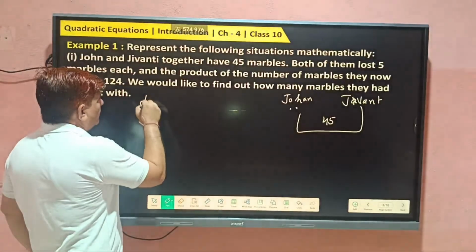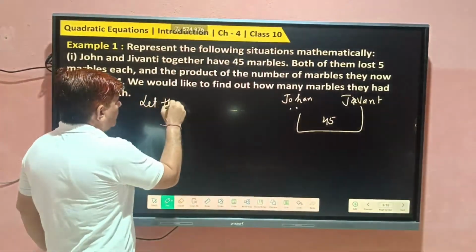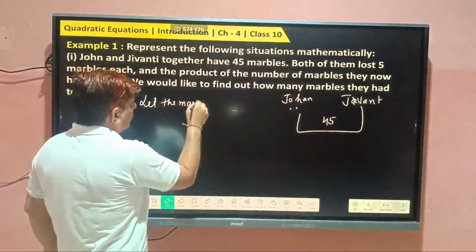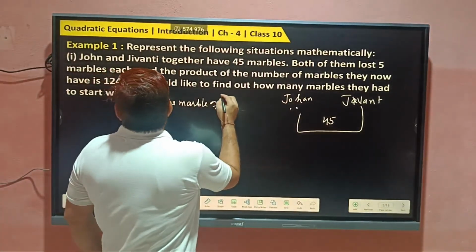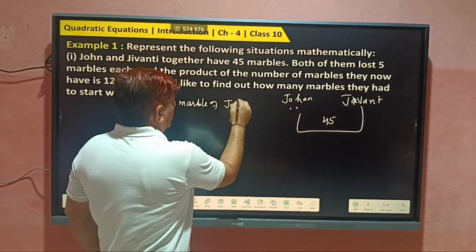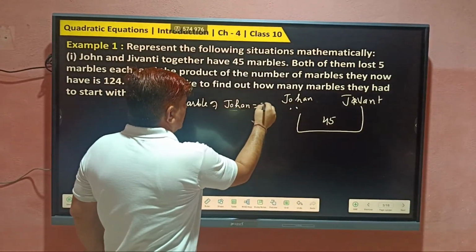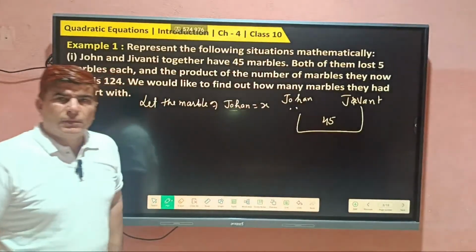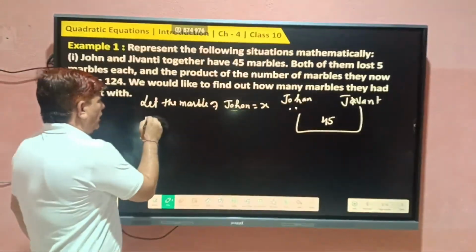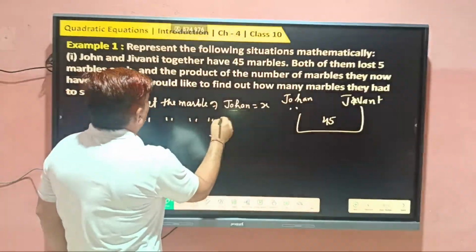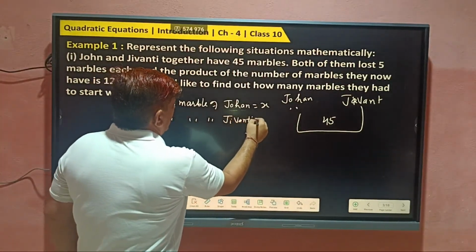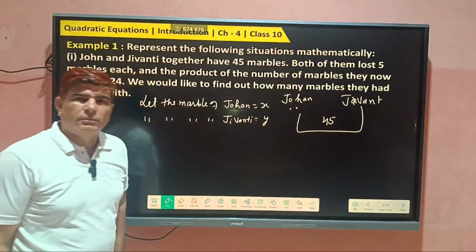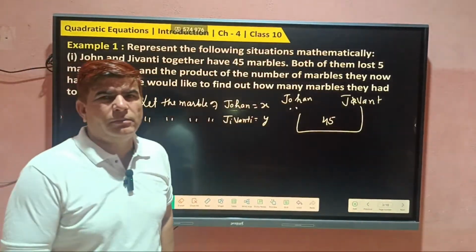Let the marbles of Johan be x. Then let the marbles of the other person be y. But why not here?